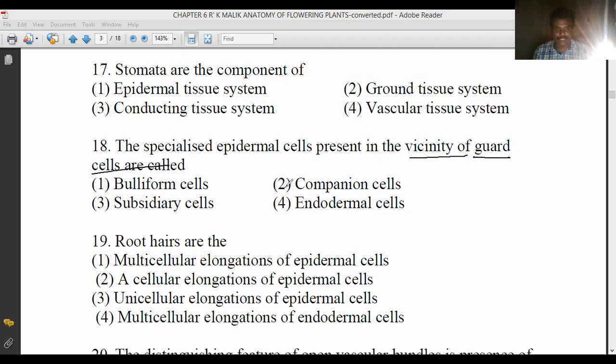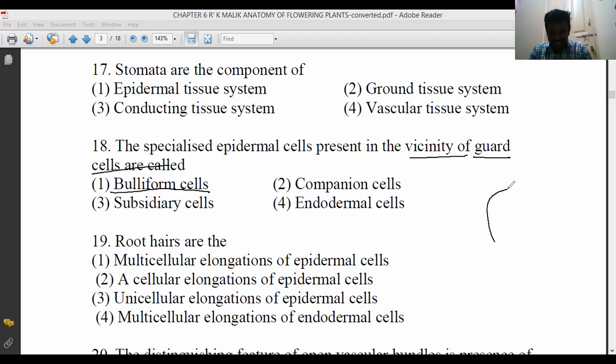The neighborhood cells of the guard cells are called what? Bulliform cells, companion cells, subsidiary cells, or endodermal cells. The specialized epidermal cells in the vicinity of the guard cells are subsidiary cells. See, these are kidney-shaped guard cells.